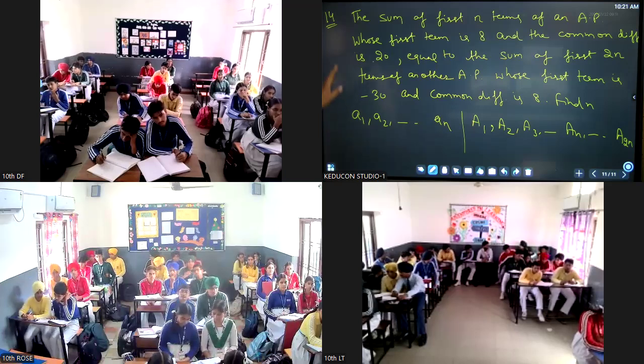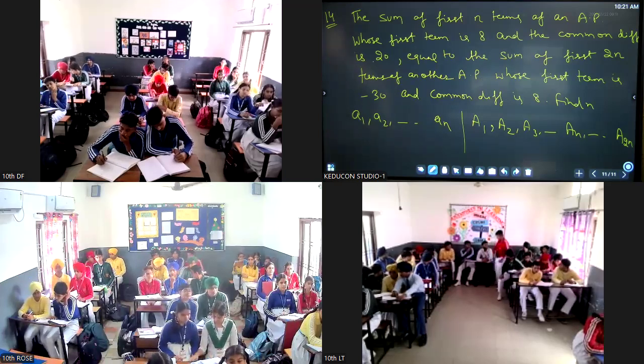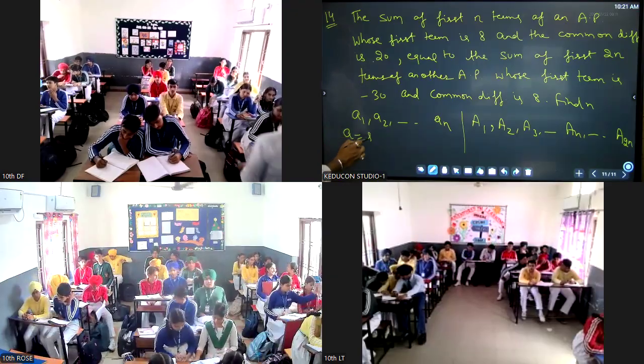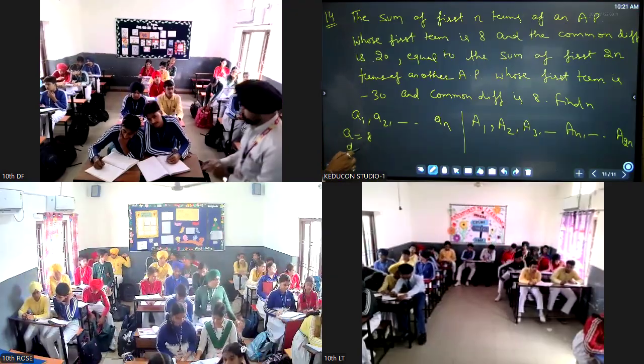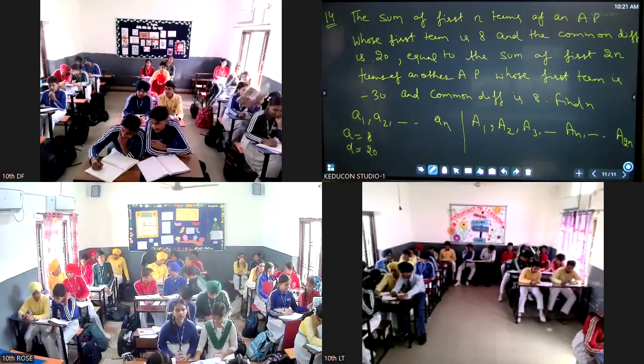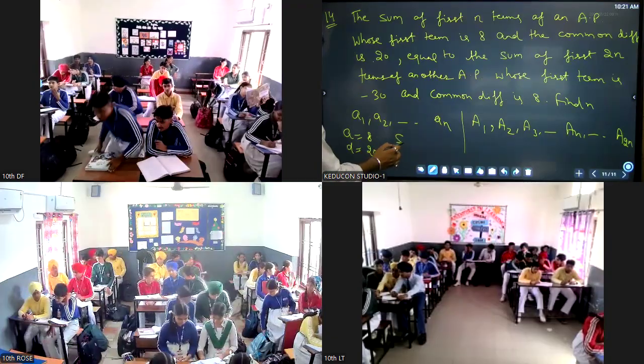Right? The sum of the first n terms of an AP. इसकी first term given है बेटा इस AP की 8, and common difference is also given 20.